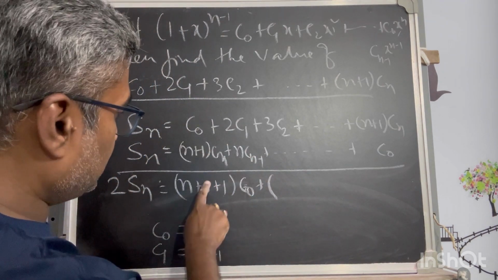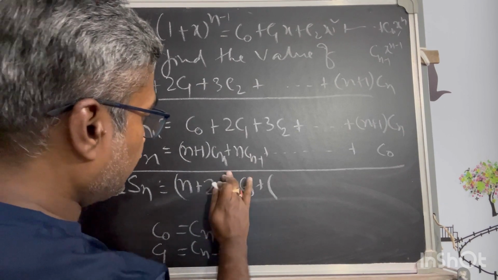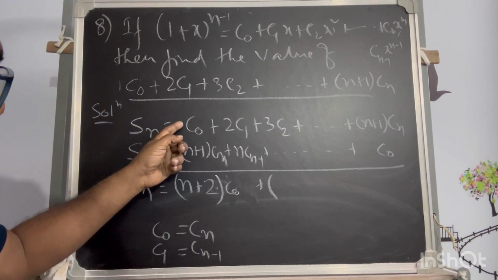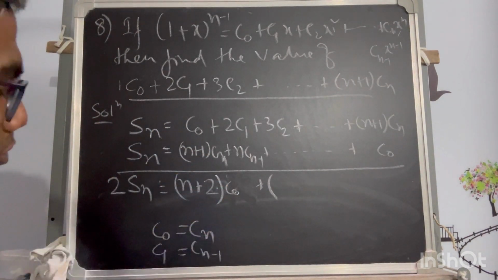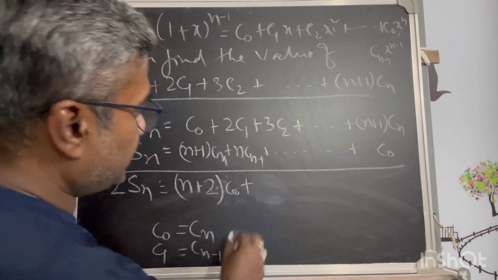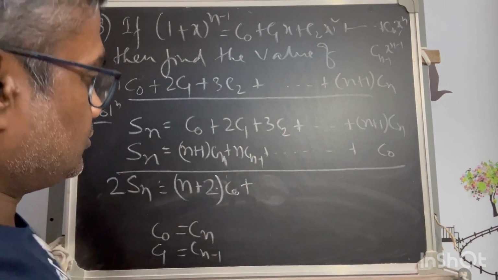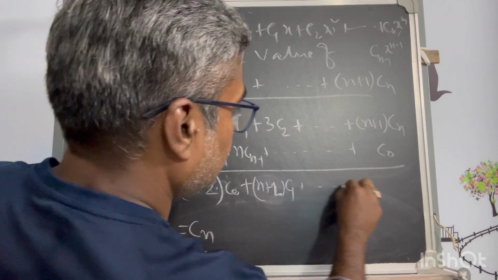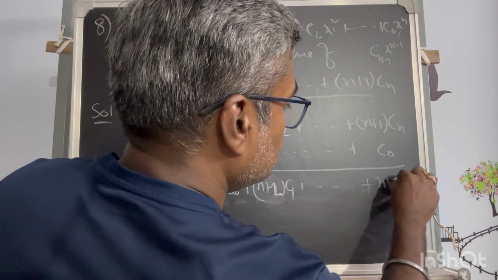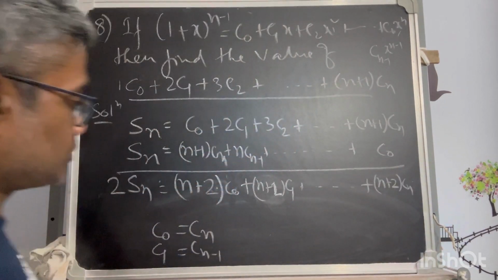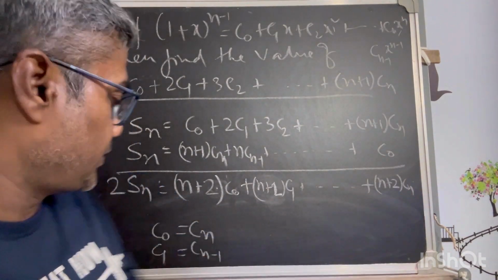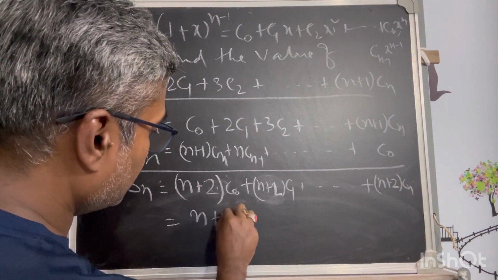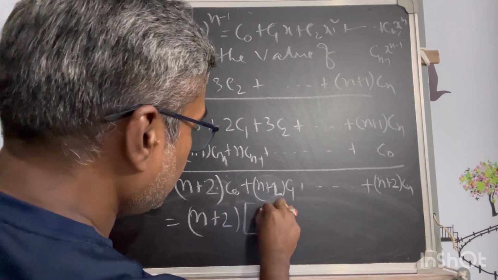Here it is n plus 1 plus 1, so I can write it directly as n plus 2, and the coefficient will come as C0. It is my convenience whether I write C0 or Cn, but I keep the way the actual series is progressing. So I will write n plus 2 C0, n plus 2 C1, and like that the end term I will write n plus 2 Cn. This gives you the shape of the series. Now if I take n plus 2 common out of it, what will I remain with?